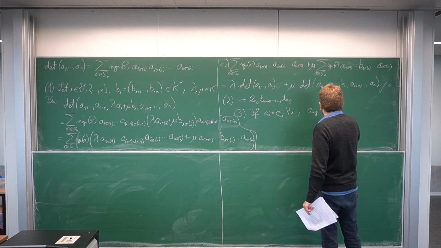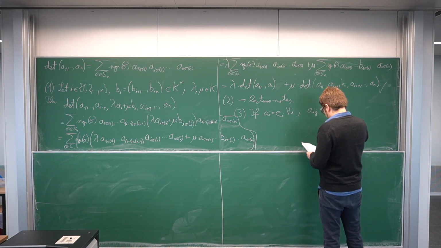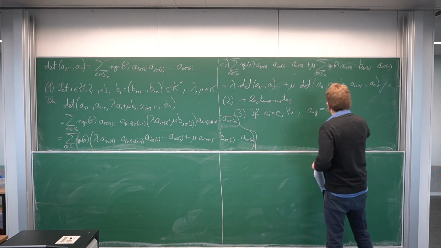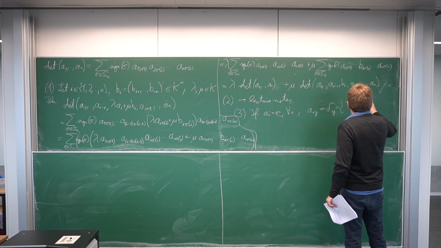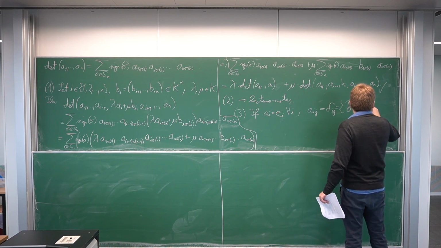This is the same, by the notation we used previously, as delta_ij, the Kronecker delta, meaning we have 1 if i is equal to j, and 0 if i is not equal to j.